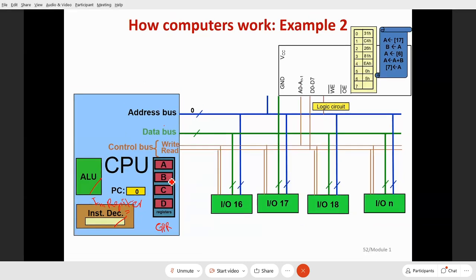The CPU cannot have a lot of memory because it is very expensive. The cache here, the memory here, is very expensive, because the closer the memory is to the CPU, the faster the operation will be. But if the memory is quite far from the CPU, it will take some cycles to access and process the program.